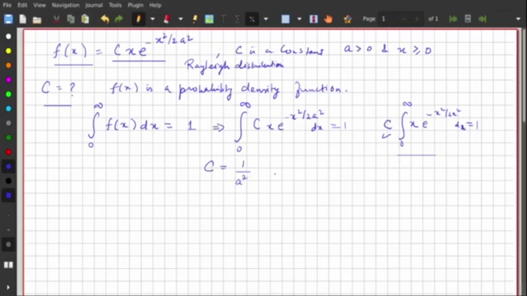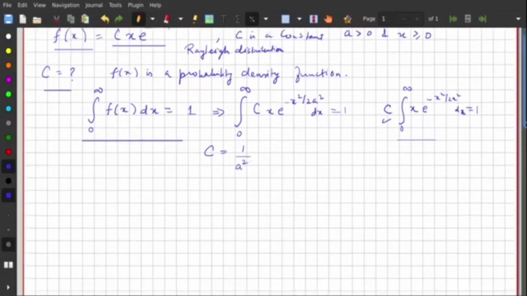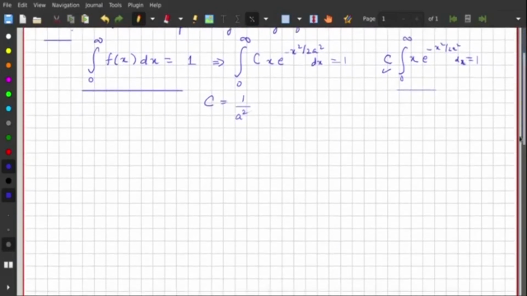That's how we find the constants that sit in front of any kind of distribution, where you impose the important criterion that the sum of all probabilities is unity.